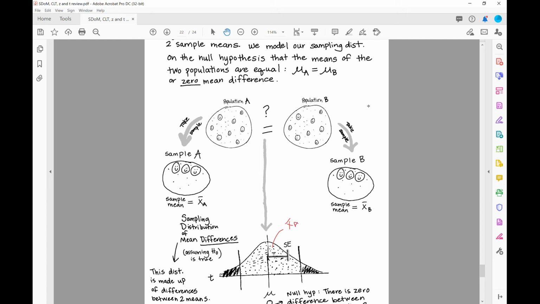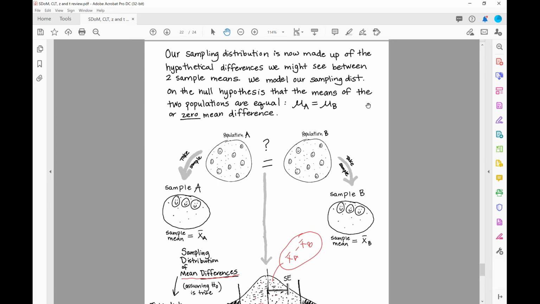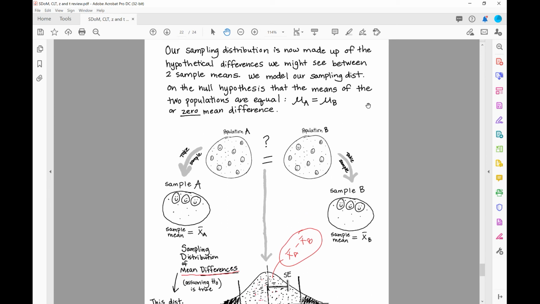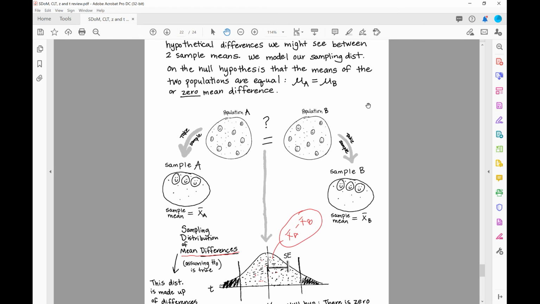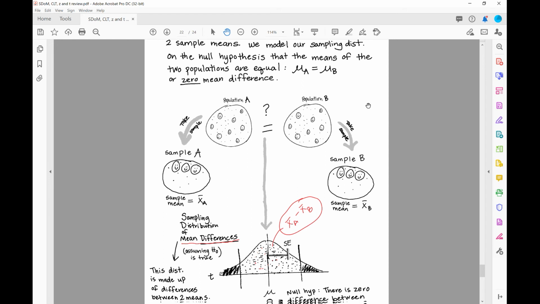So if we had one sample mean minus another sample mean, the difference between them. So all these little dots in here are now mean differences between two means. Our sampling distribution, in this case where we take two samples, is made up of those hypothetical differences we might see between two sample means.